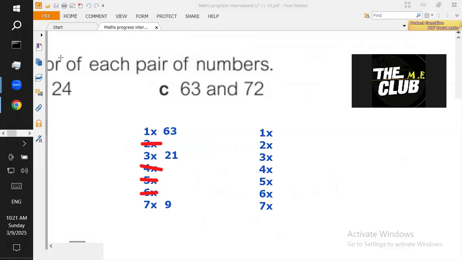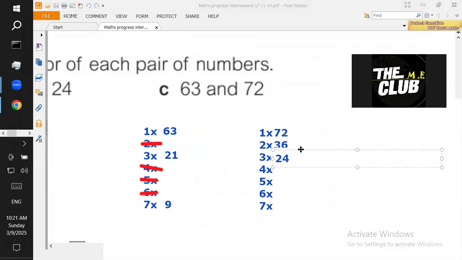Same idea with the 72. I'm going to try to find the factors of 72. It's 1 times 72. It can be divided by 2. Yes, because it ends with a 2. So the answer is 36. Can I divide it by 3? So 72 can be divided by 3, yes, which is 24.